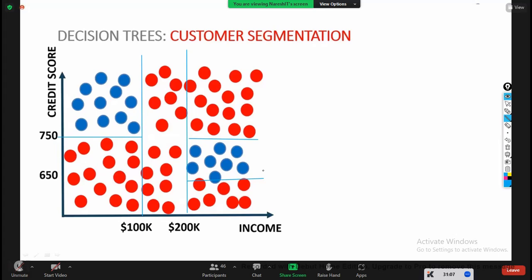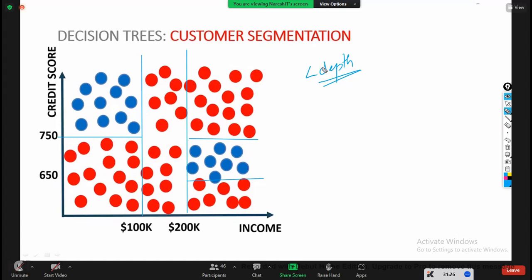That is the question. Which option is the best option? The one which gives the less depth of the tree. The depth of the tree should be low. A decision tree which gives the least depth with maximum accuracy is the best one.